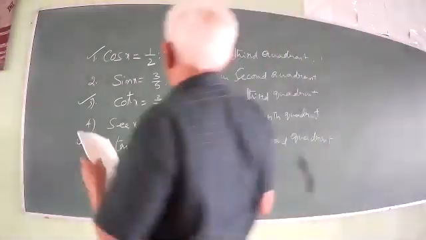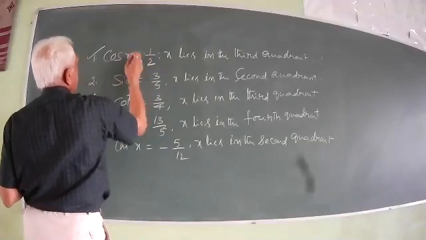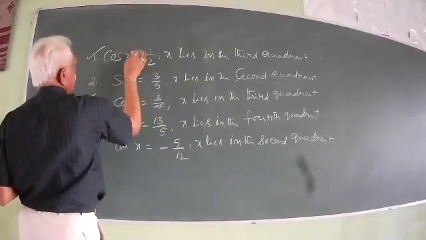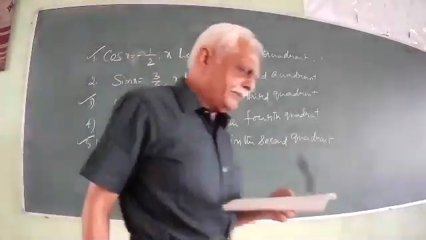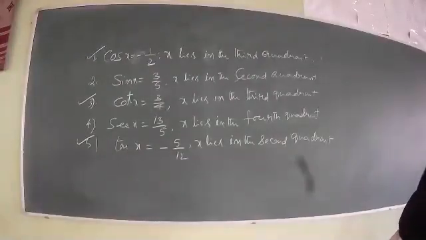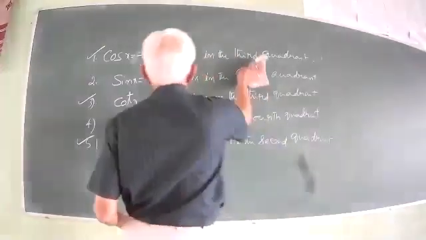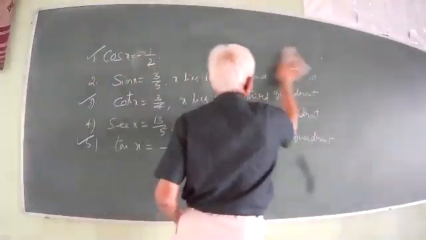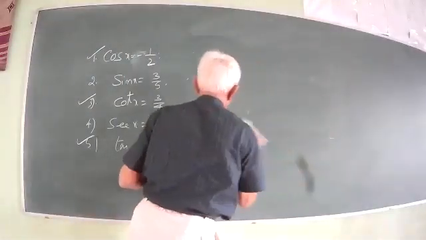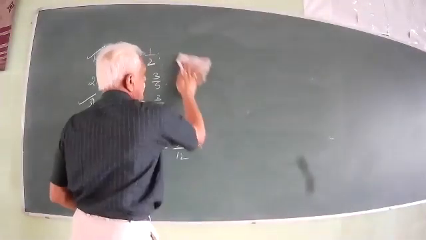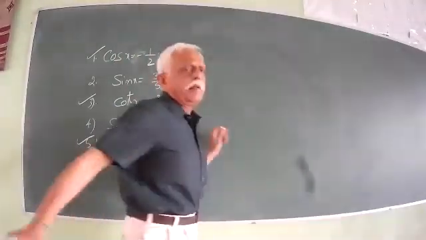Cos x is equal to minus 1 by 2. Make a correction to the problem. Cos x is equal to minus 1 by 2. See, there are two different ways to solve these problems.